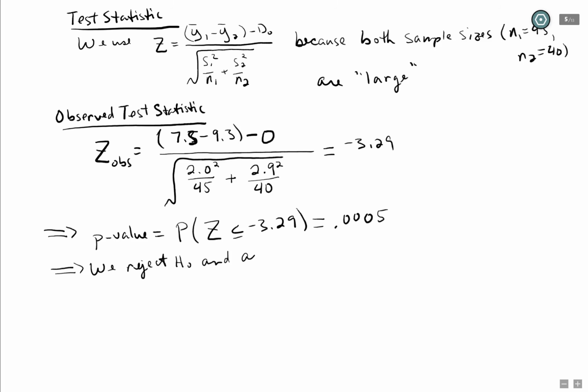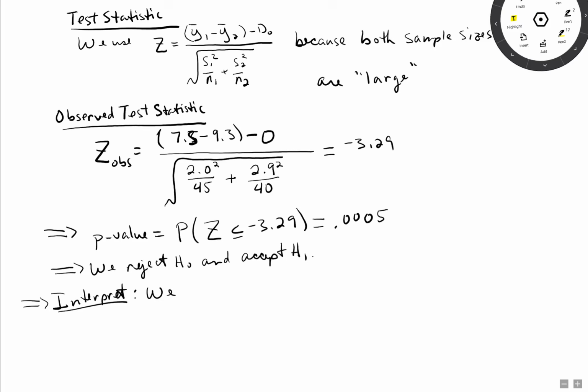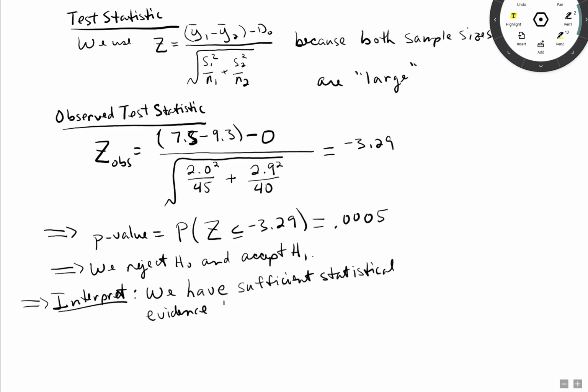and accept H1. And so the interpretation is we have sufficient statistical evidence to conclude that mu1 is less than mu2.